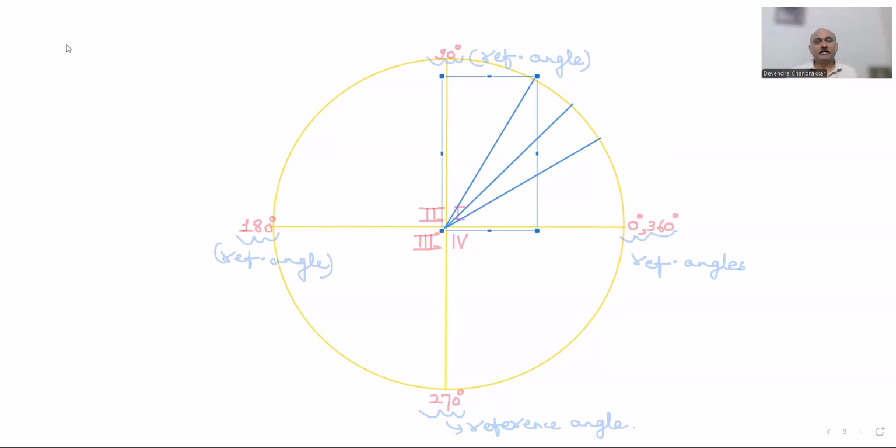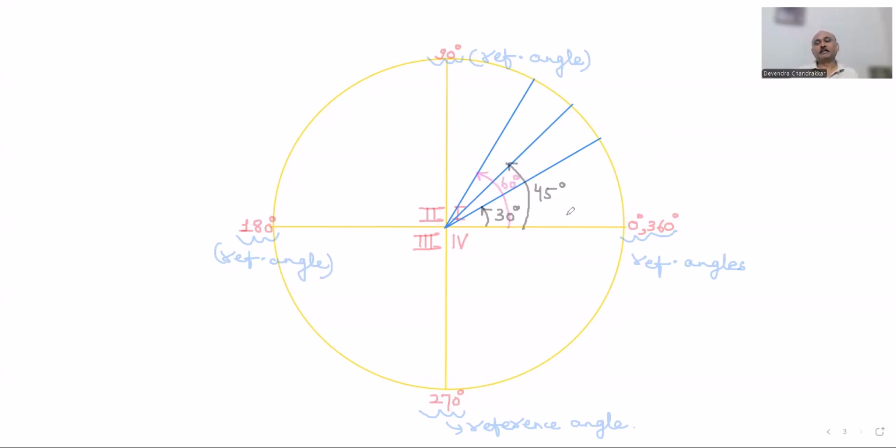So the angles are... this is 30 degrees. These are the standard angles of first quadrant.